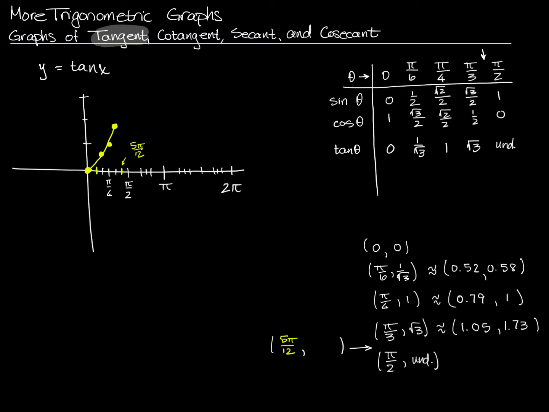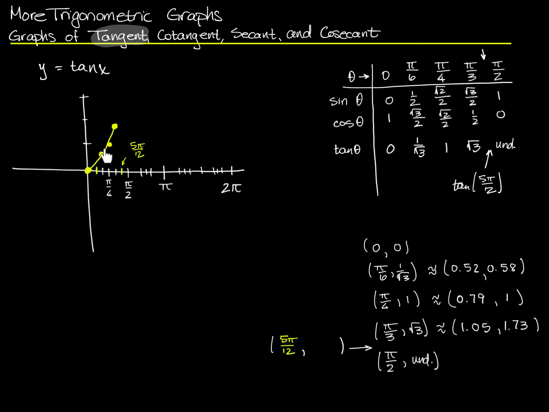I'm just going to do that on the calculator. I'm going to take the tangent of 5 pi over 12, and that's going to be the value that goes in there. When I do this on the calculator, I have to make sure that my calculator is in radians before I begin. Otherwise, it'll give me the wrong value.